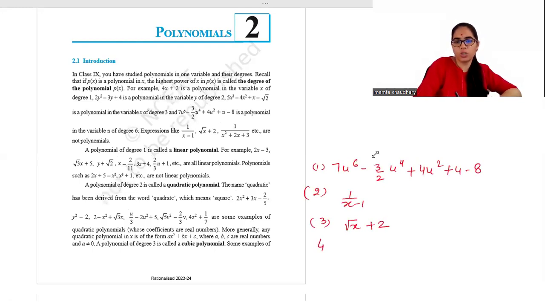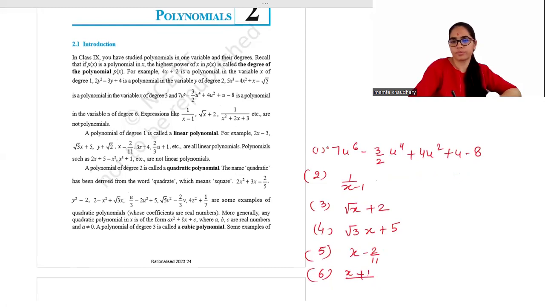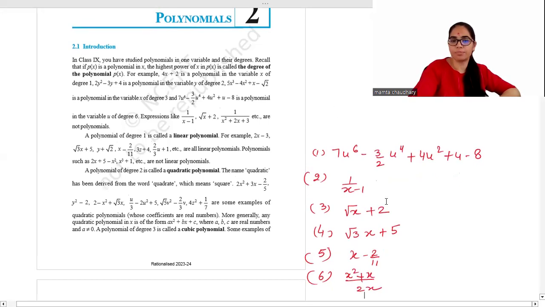Fourth, root 3 into x plus 5. Fifth, x minus 2 by 11. And sixth, x plus 1 upon x square plus x upon 2x. Okay, so let's consider these 6 examples.